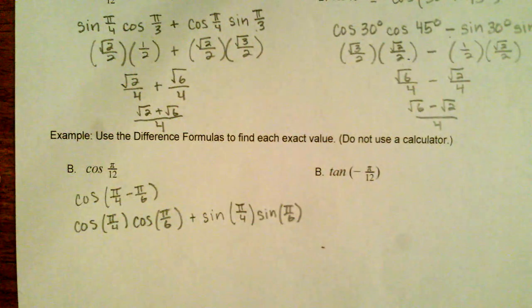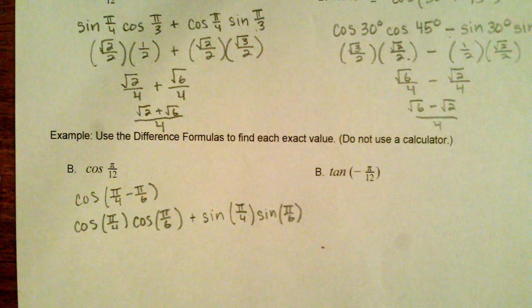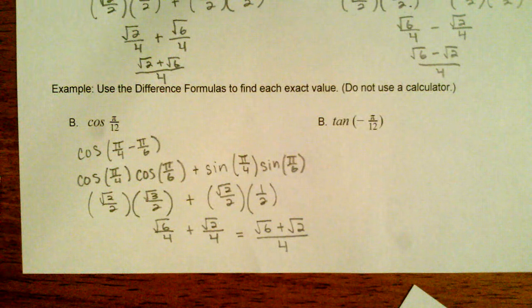So again, please pause the video and evaluate these and simplify. Okay, so I ended up, after evaluating, with square root of 6 plus square root of 2 all over 4. Okay, if you have any questions about this, pause the video and look through and see where your mistake was.